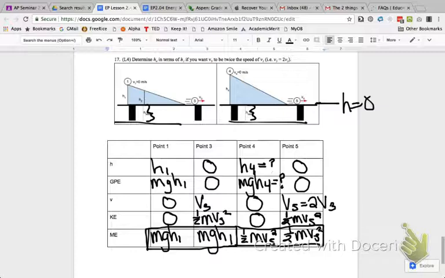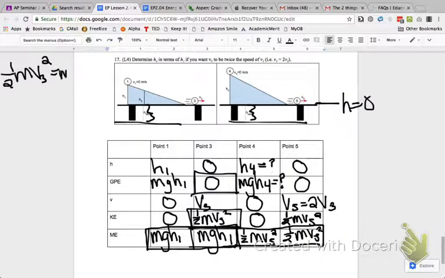Over here, we know that this GPE plus this KE gives us this mechanical energy. So I'm going to write an equation over to the left. 1/2 mv3 squared equals mgh1.